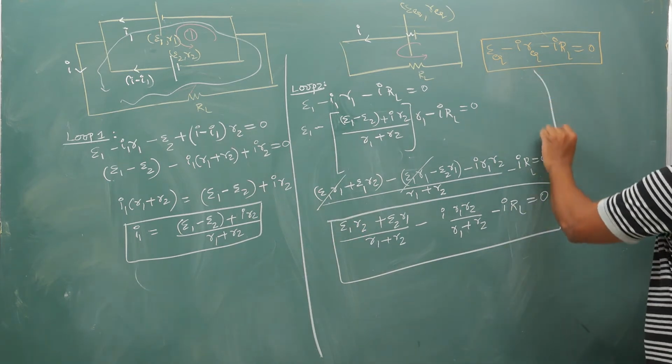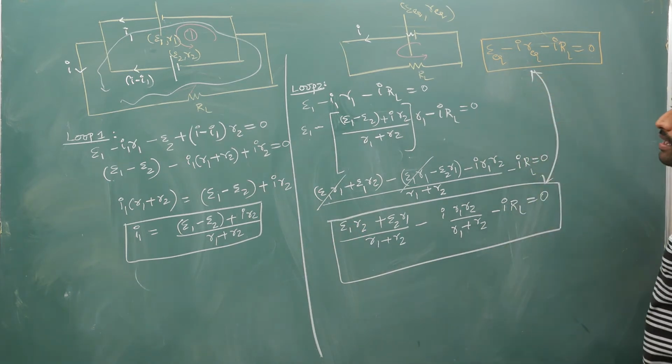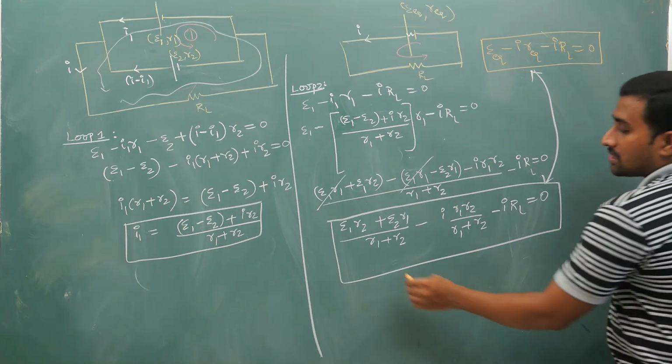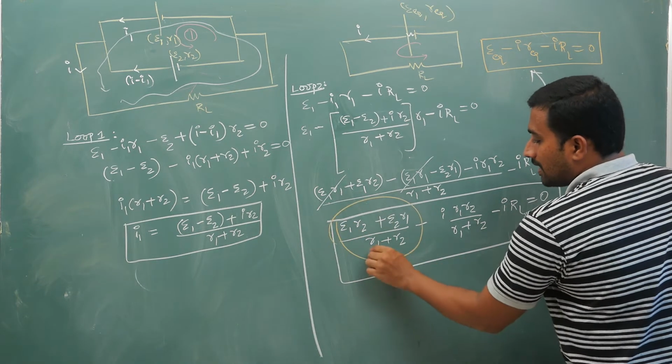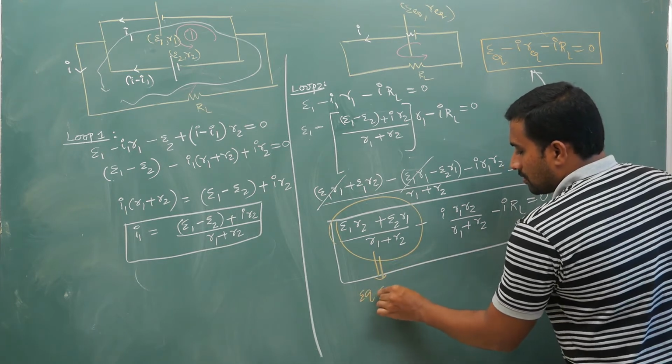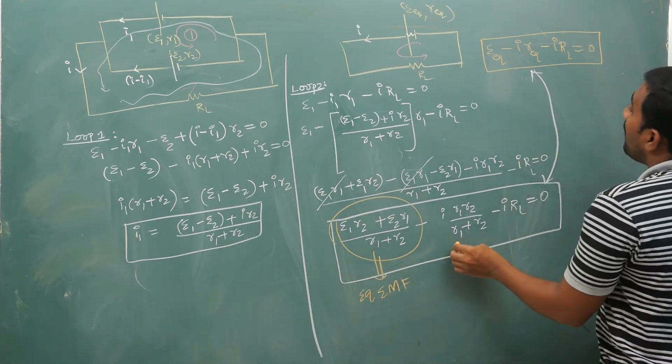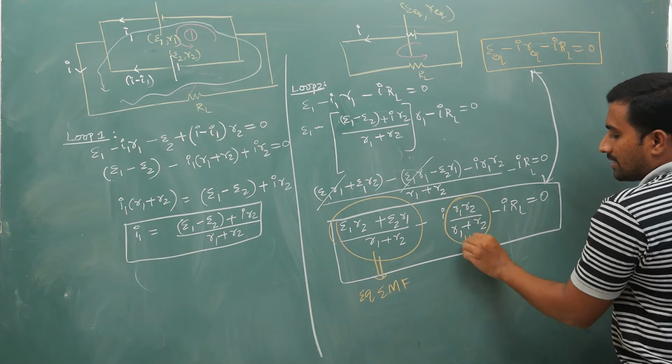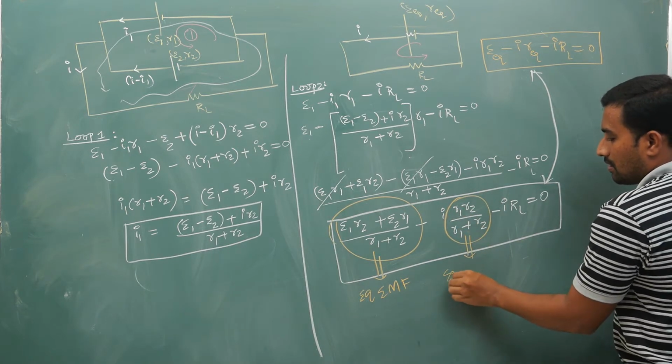Now you compare these two equations. I need space, so copy it down. Pause the video clip and then copy this stuff. From this part, this part is your equivalent EMF. This part is your equivalent internal resistance because they are in parallel.